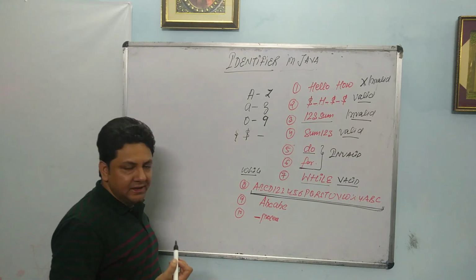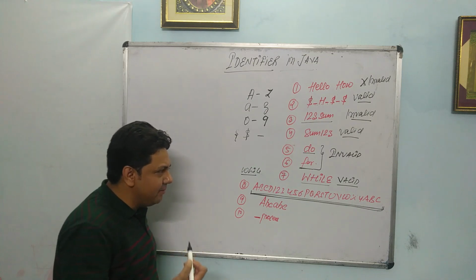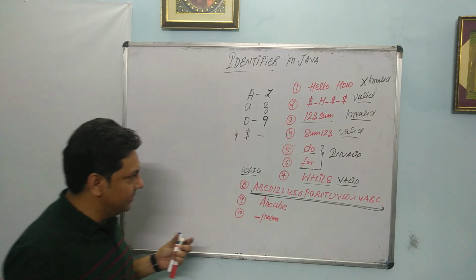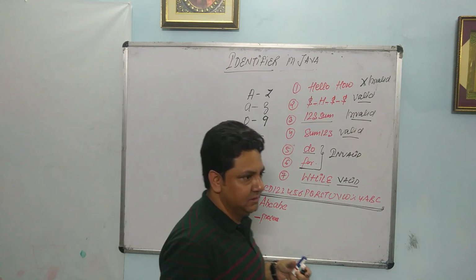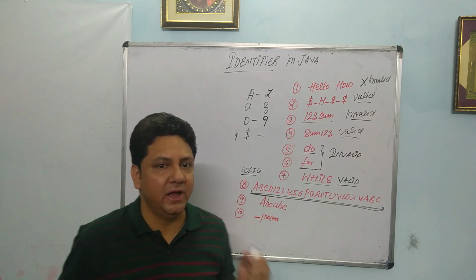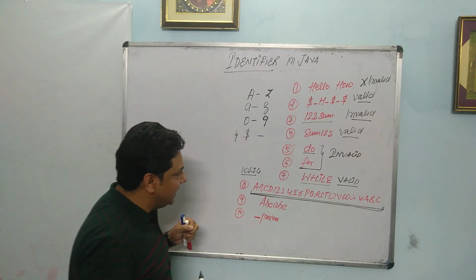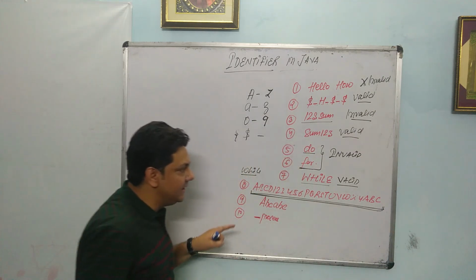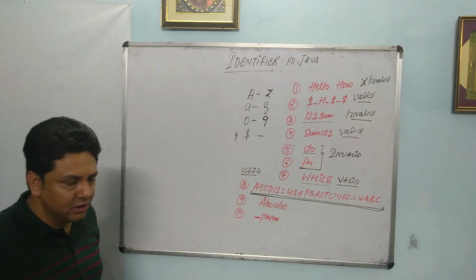An identifier can be of any length. Specifically, regarding length, no rule has been recorded in Java so far, so we can give an identifier any length. It can contain any number of characters, no problem.